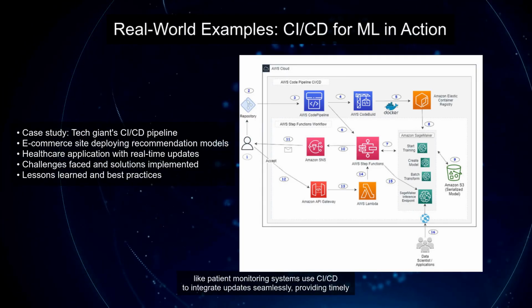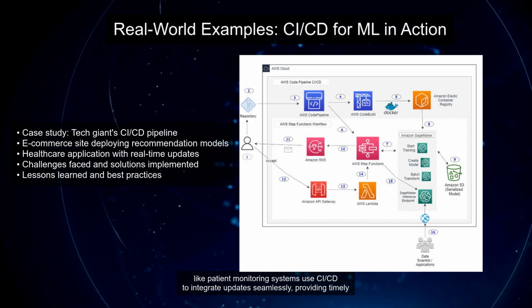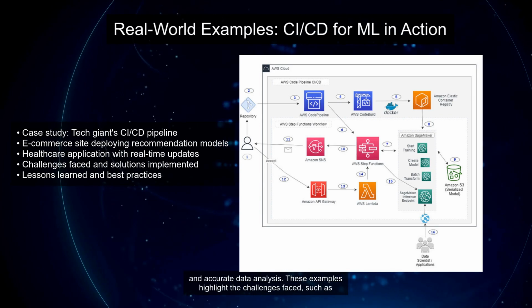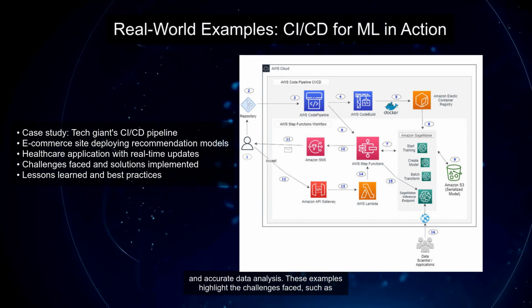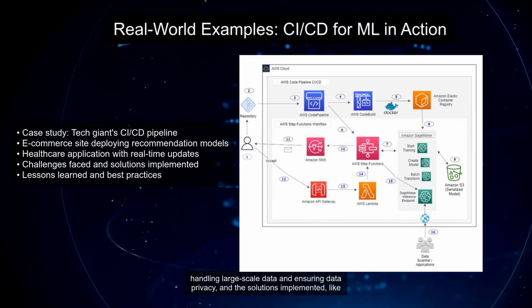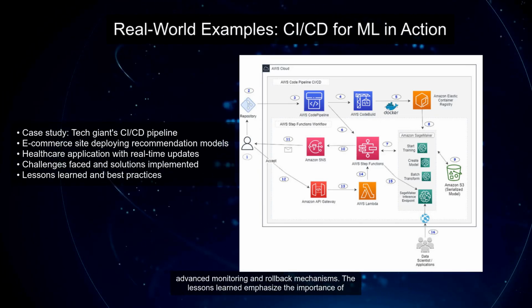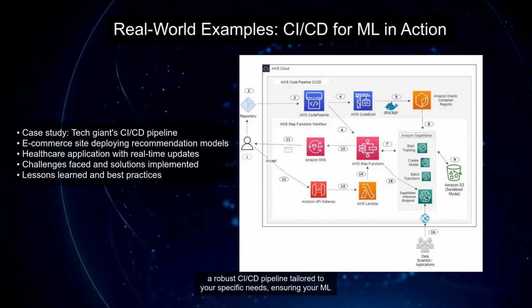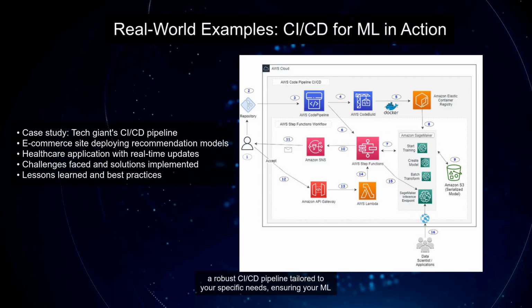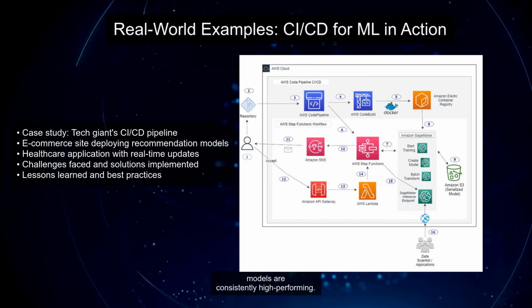In the healthcare sector, applications like patient monitoring systems use CI/CD to integrate updates seamlessly, providing timely and accurate data analysis. These examples highlight the challenges faced, such as handling large-scale data and ensuring data privacy, and the solutions implemented, like advanced monitoring and rollback mechanisms. The lessons learned emphasize the importance of a robust CI/CD pipeline tailored to your specific needs, ensuring your ML models are consistently high-performing.